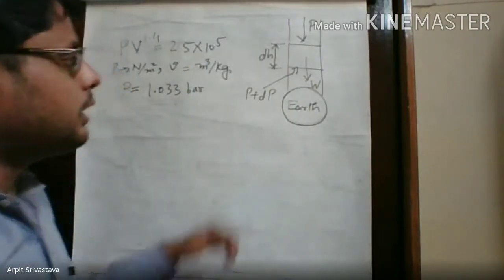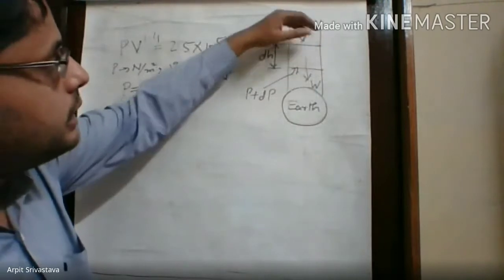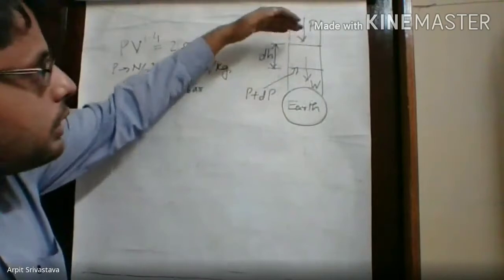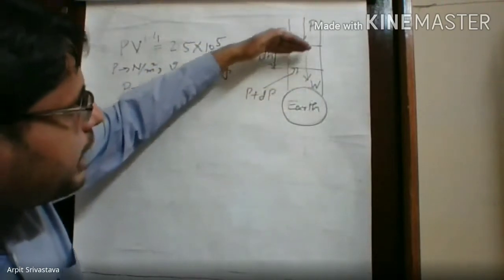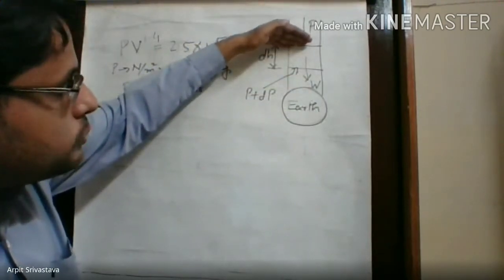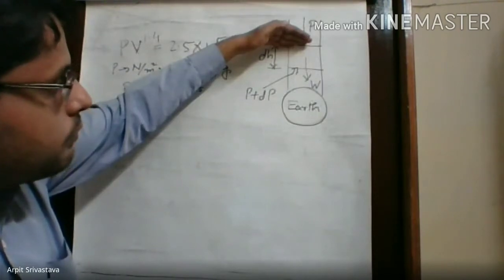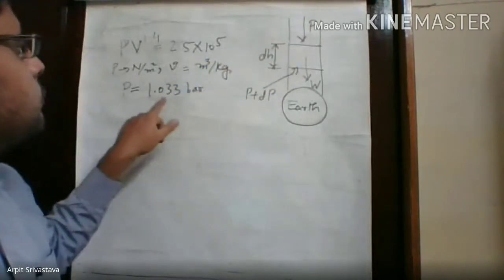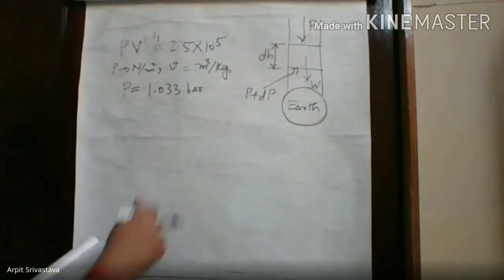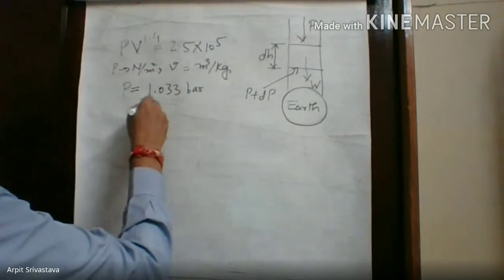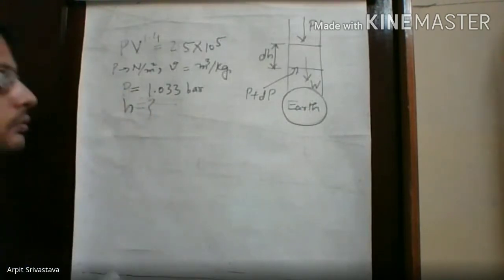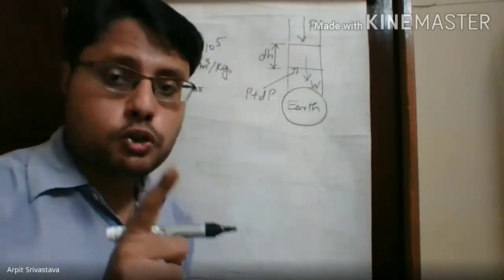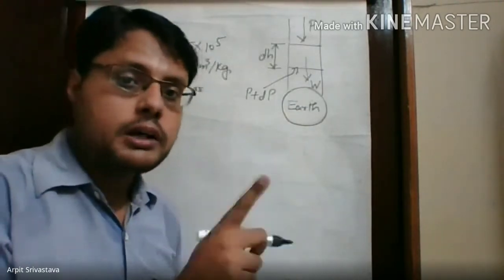Okay, so as we move in the upward direction, the weight of this atmosphere layer is also increasing. So at what height is this atmosphere situated that creates the pressure value on Earth's surface of 1.033 bar? We have to calculate that height.